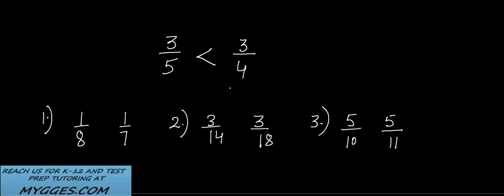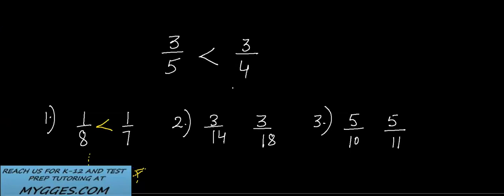Let's try some more examples. Here you can see 1/8 and 1/7. Again, since the numerators are the same, we check which denominator is smaller, and that fraction is greater. So we can say that 1/7 is greater than 1/8. Same in the second example. We have the fractions 3/14 and 3/18.